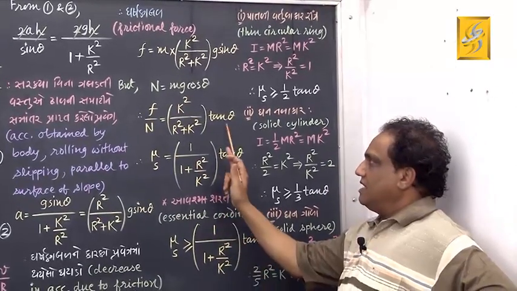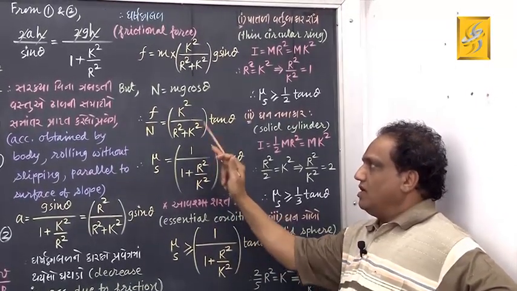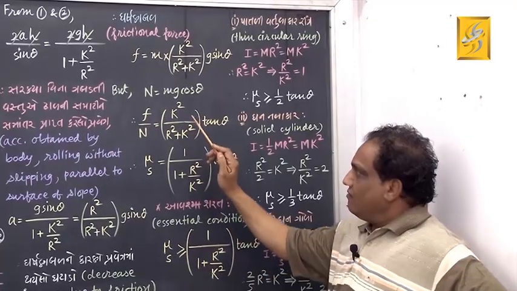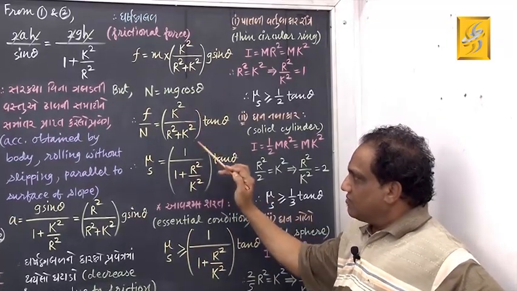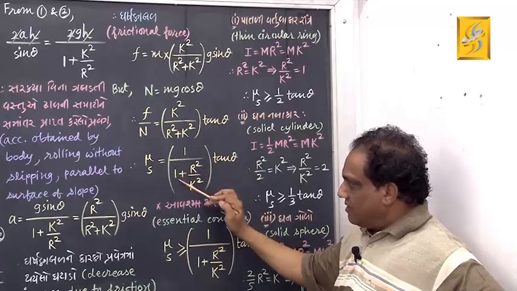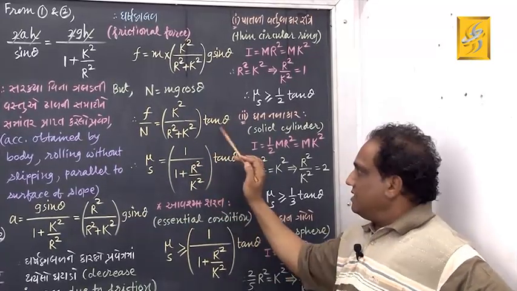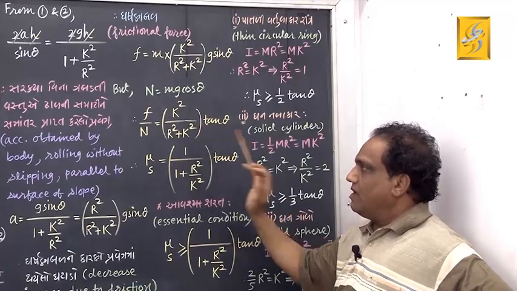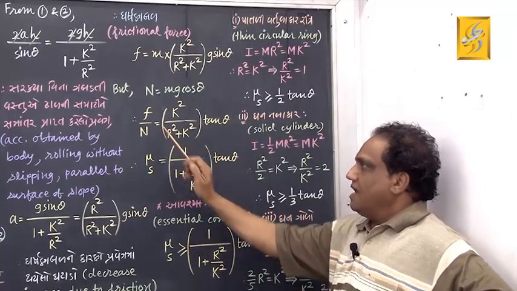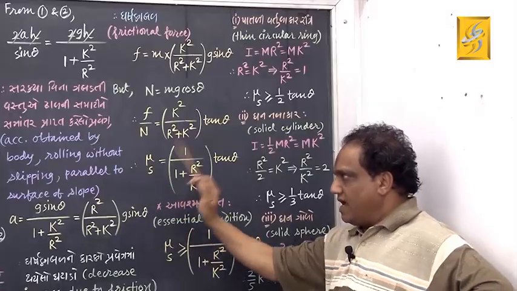But what I have done here is keep tan theta as it is, and divide numerator and denominator by K square. When you divide by K square here, K square upon K square is 1, and here I have written R square upon K square. You will get this term, and f upon N is nothing but mu s.